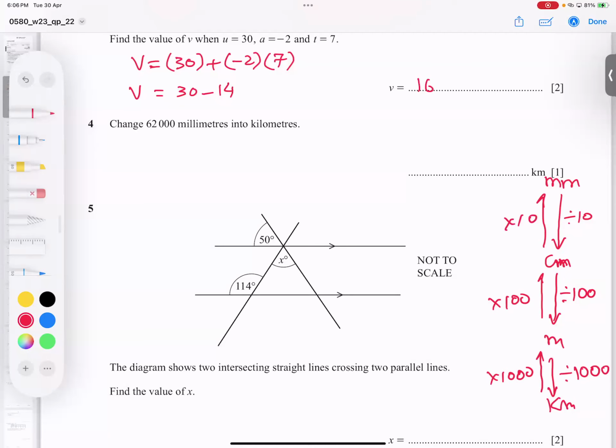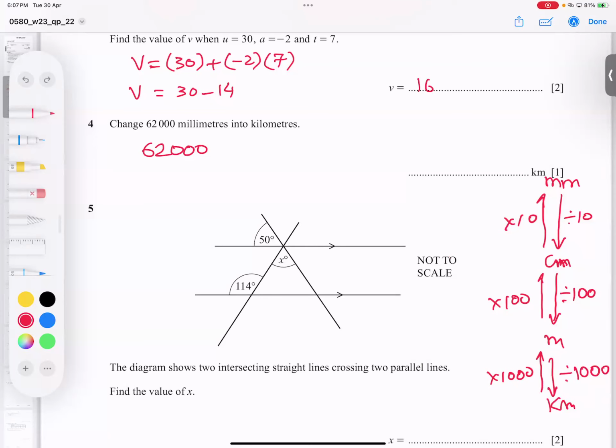I believe you understood. In case of area, I will put a square on it. In case of volume, I will put power 3. I think you got my point. For example, millimeter cube to centimeter cube, I have to divide by 10 to power 3, because it is volume. Extra knowledge. So millimeter to kilometer: we have 62000, and I have to go from here to there.